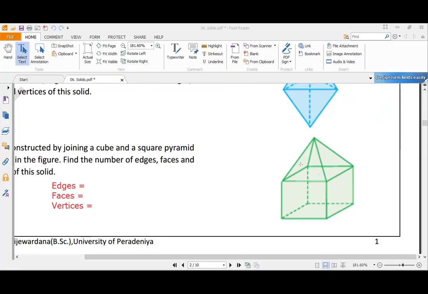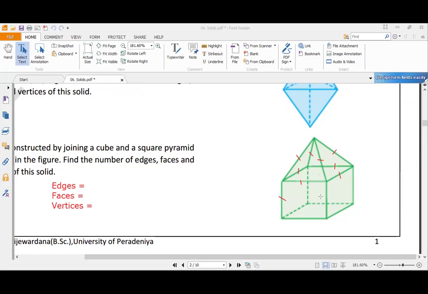Here on the top square pyramid, we have this edge, 1, then 2, 3, 4. 4 edges. And here 5, 6, 7, 8. 8 edges. 9.